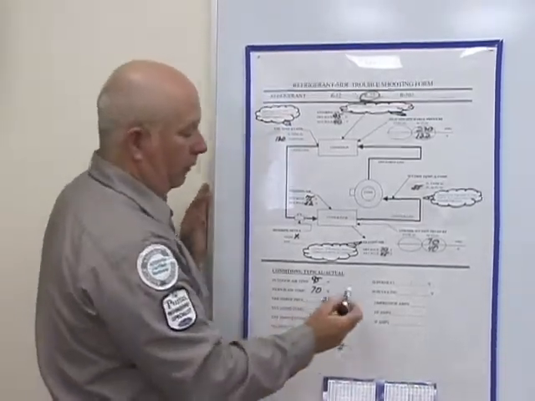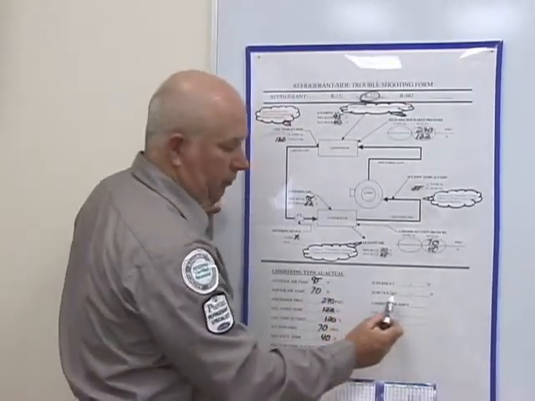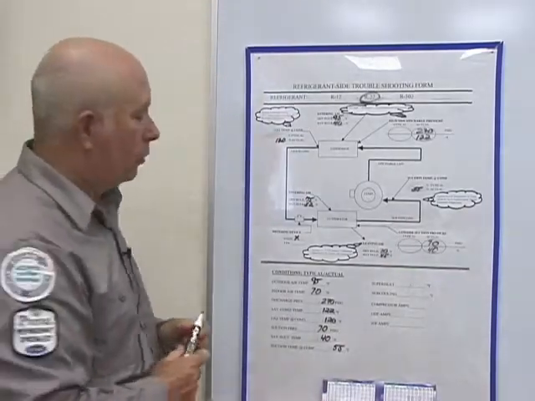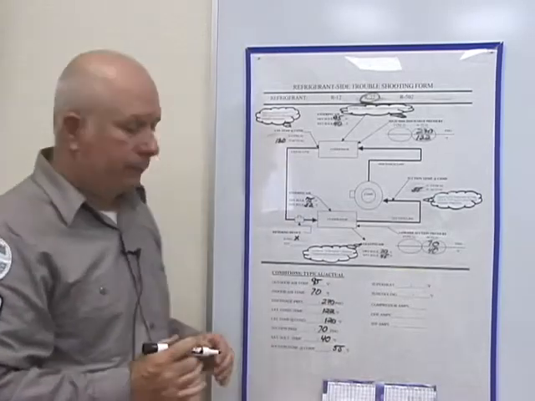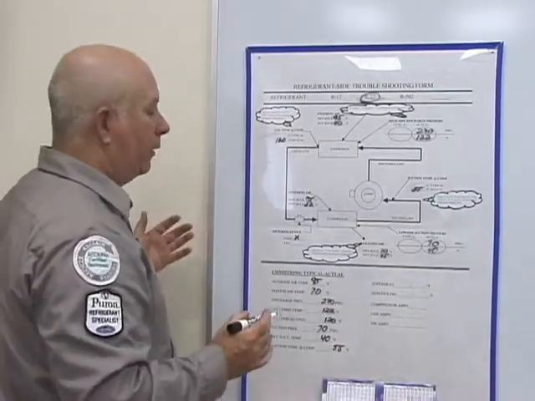Now, we need to figure out superheat and subcooling, all right? The first thing is, superheat is found only in the evaporator. So how do we go about figuring that out?